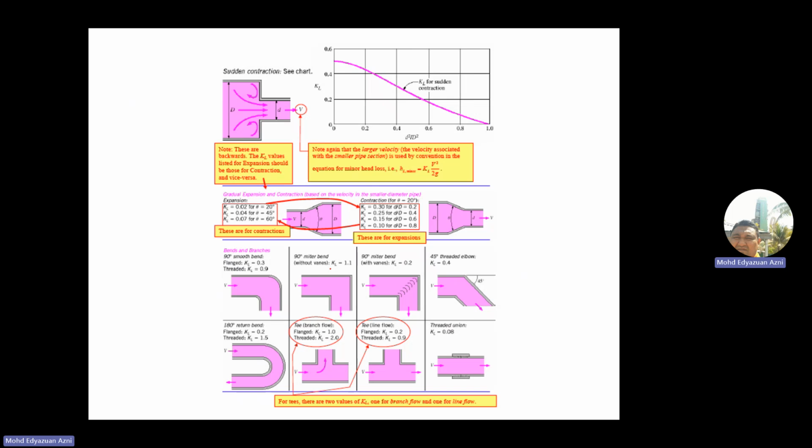For example, for the elbow right here, a sharp one is 1.1. For a smooth bend, it is 0.3 with flanged, or 0.9 with threaded. And if you have a 90-degree miter bend, it is 0.2. So you can determine it. Look at this one.